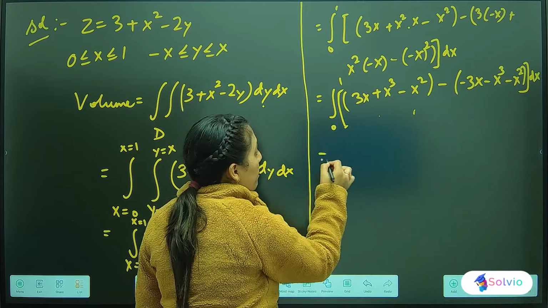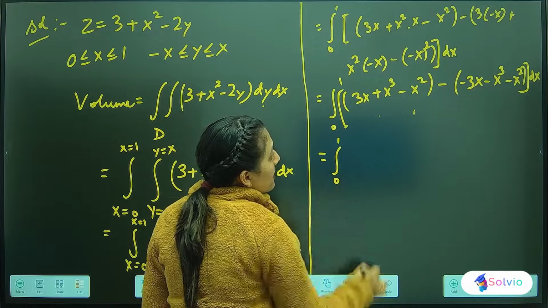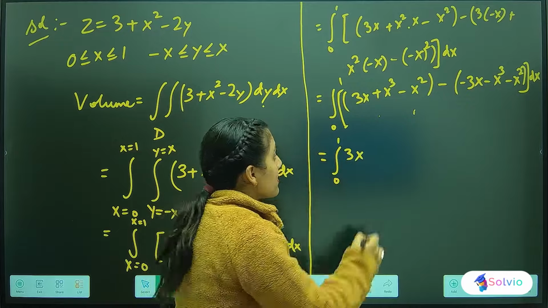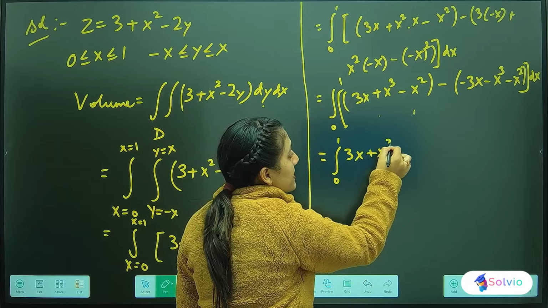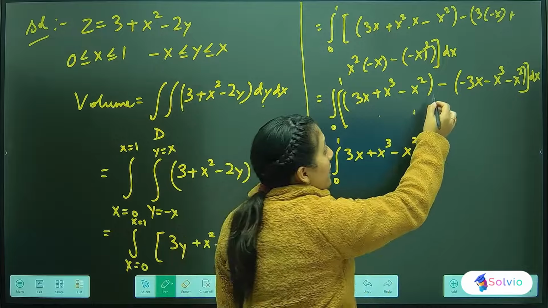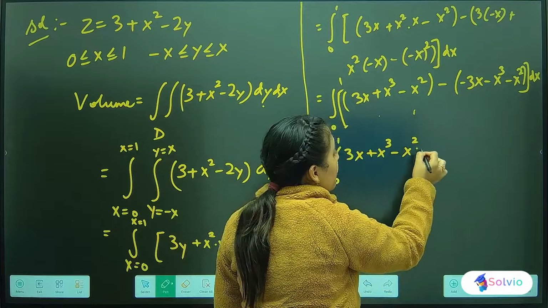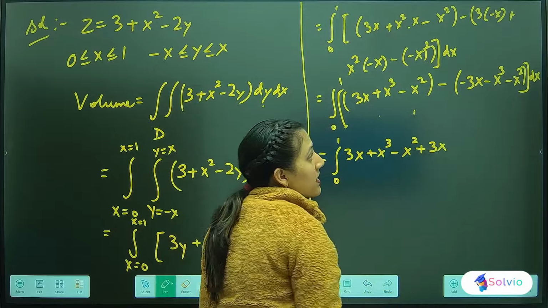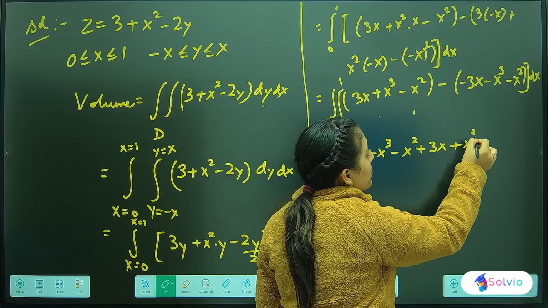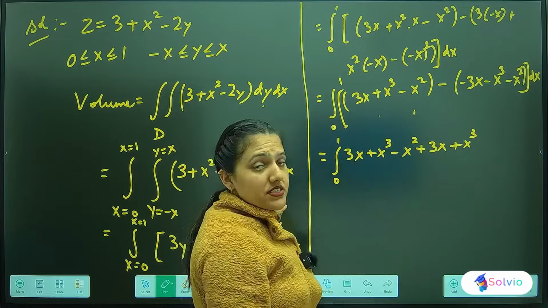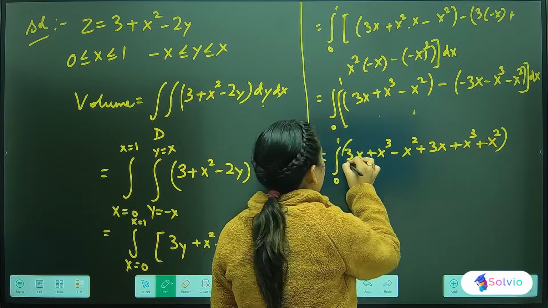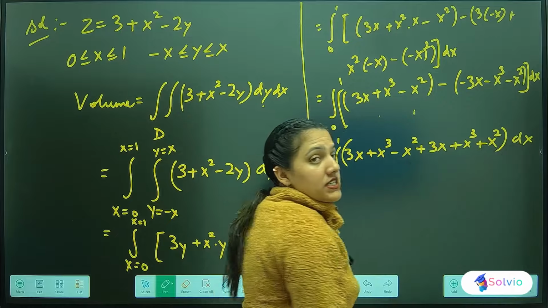Now I will open the brackets. So it becomes 3x + x^3 - x^2; minus of -3x becomes +3x, minus of -x^3 becomes +x^3, and minus of -x^2 becomes +x^2, all times dx.